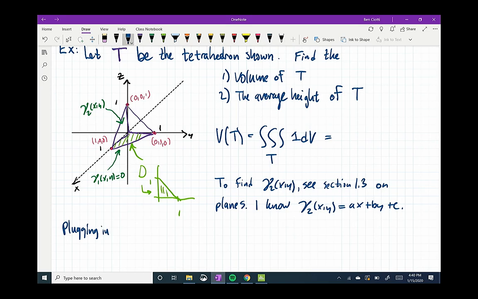If you plug in those 3 points, you get the equation that gamma 2 of x and y is 1 minus x minus y. So you can check, if you plug in those 3 points, they lie on that plane. Okay, good. So we found what gamma 2 is. It's 1 minus x minus y. That's this face here.